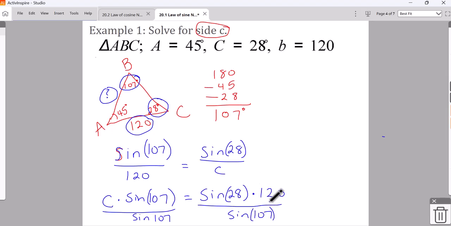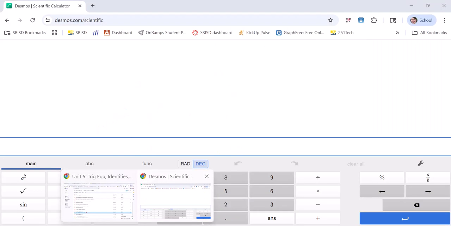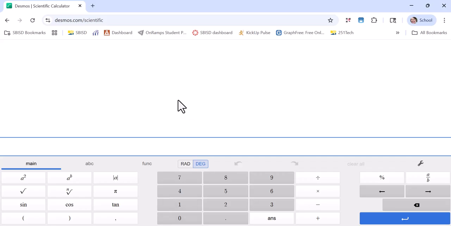The way that I like to type things like this in the calculator, just so I don't make any mistakes, is I type the first part in, and then I type the bottom part in, separately. You are going to be able to use the yellow calculators, but I don't have a yellow calculator on my computer, so I'm going to use Desmos for us.